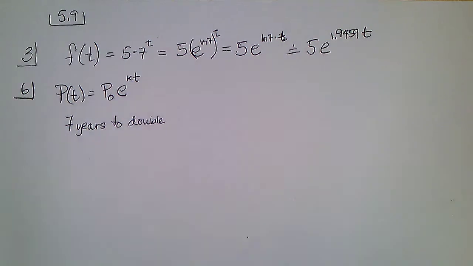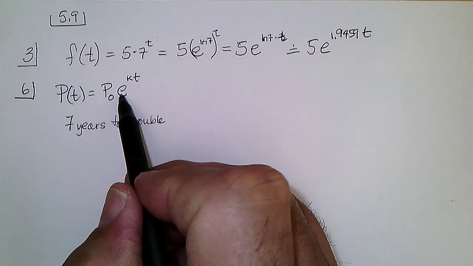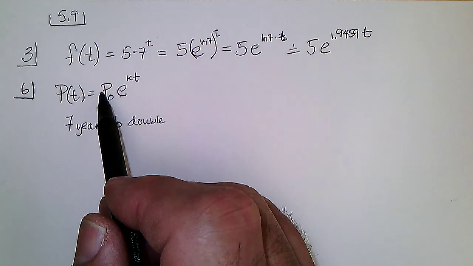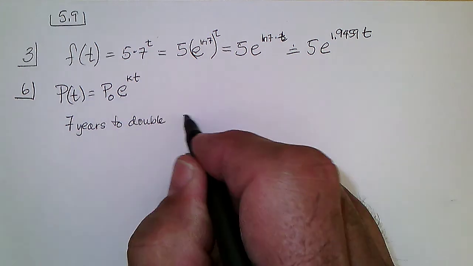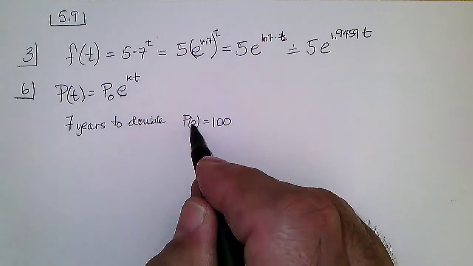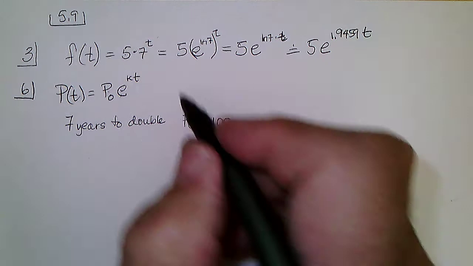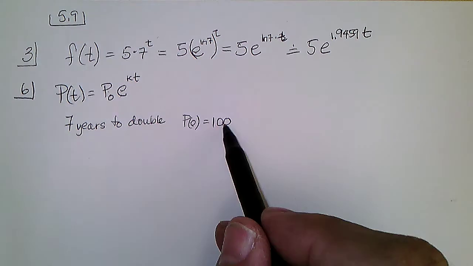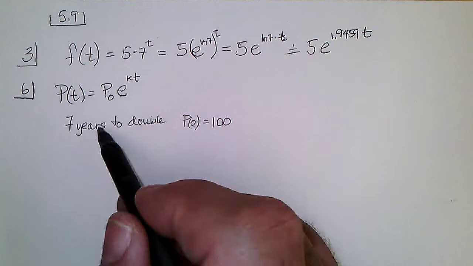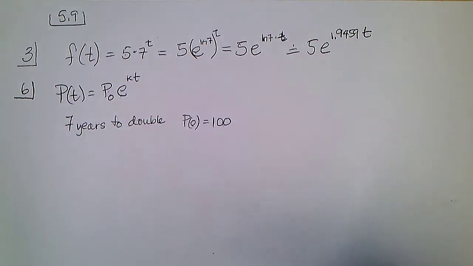It also says in there P of 0 is 100, so the starting population is 100.